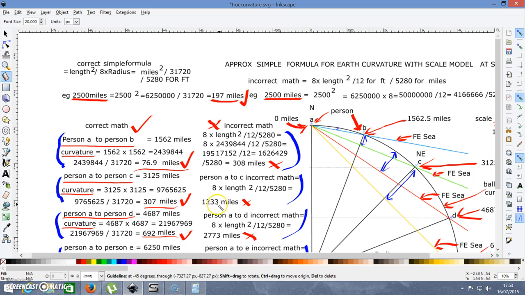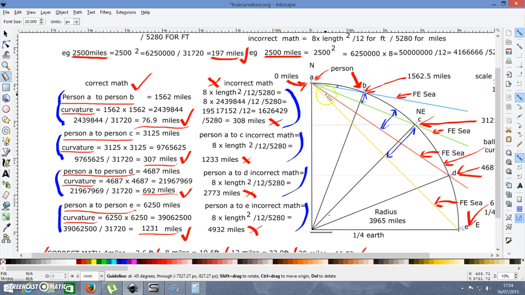Incorrect maths, 1233 miles. From where? From here to where? Out in space. From here to here is 1140 miles. So 1233 miles. Don't think so.